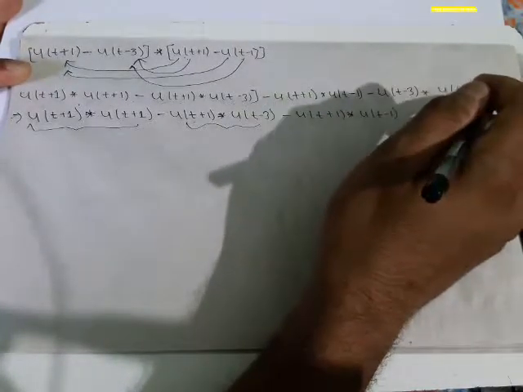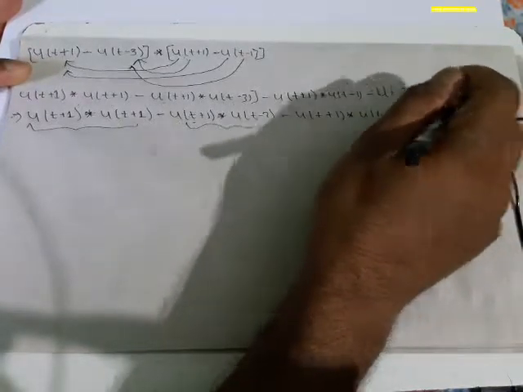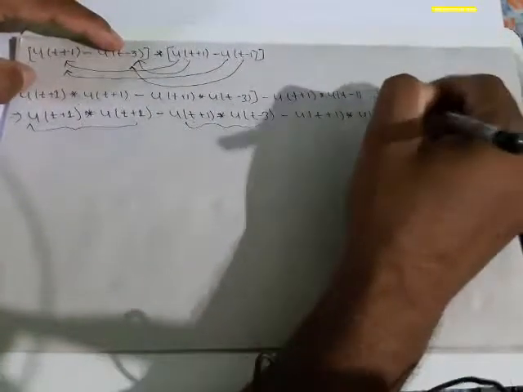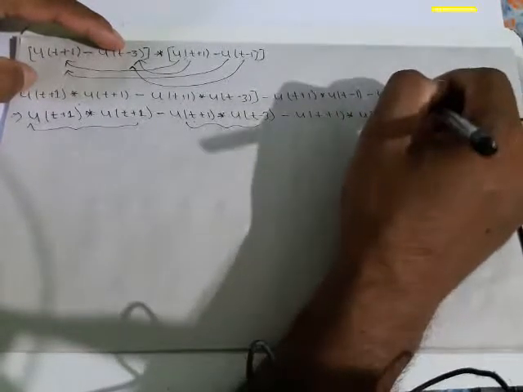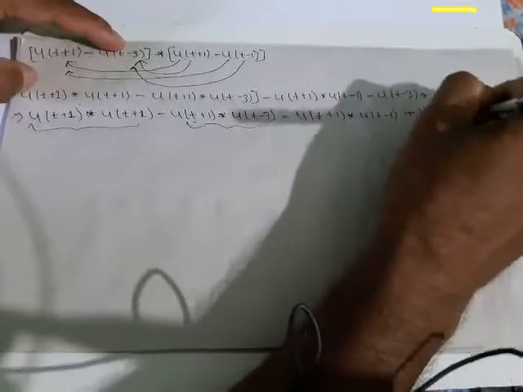So if we draw this signal, r of t plus 2 is shifted by 2, starting at t equals minus 2. From minus 2 the slope is 1, m equals 1, going up to 2.